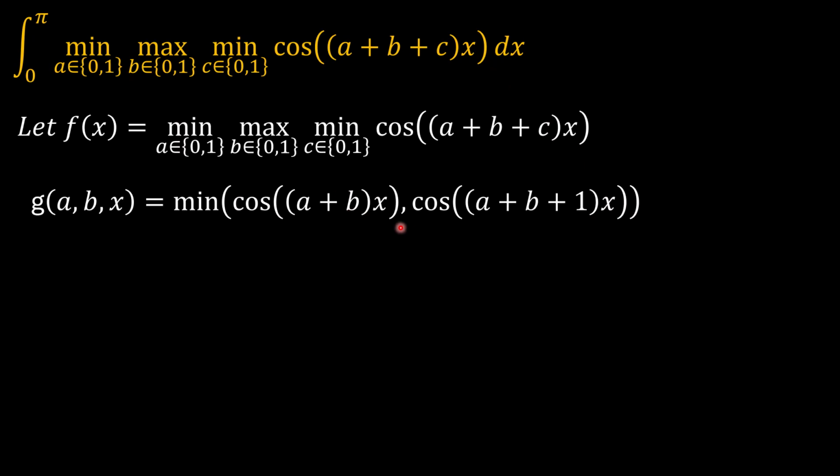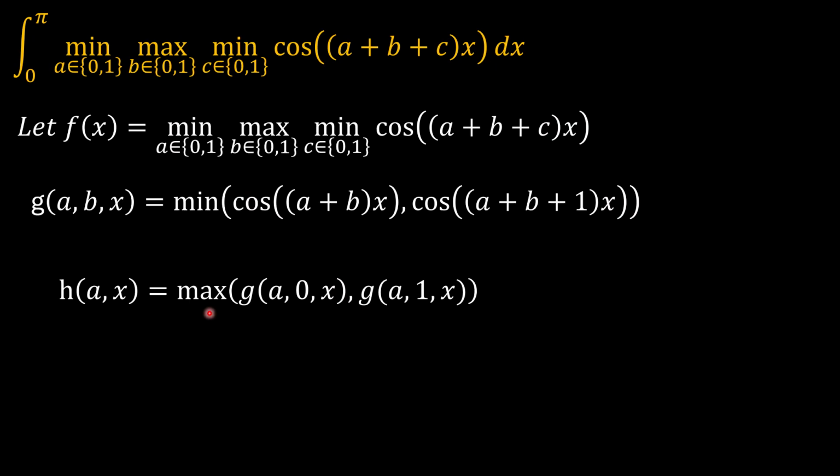And then we can go further and say we have h, a function h(a, x), which is a maximum between when b is 0, so g(a, 0, x), and when b is 1, g(a, 1, x). So we are employing this initial function here.